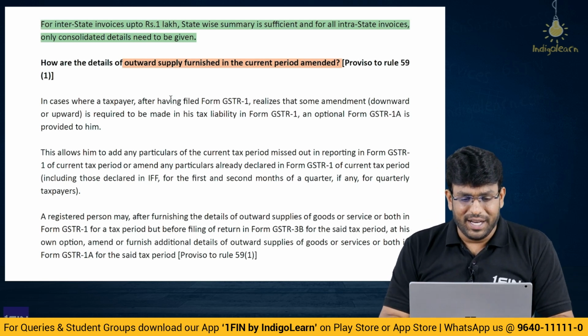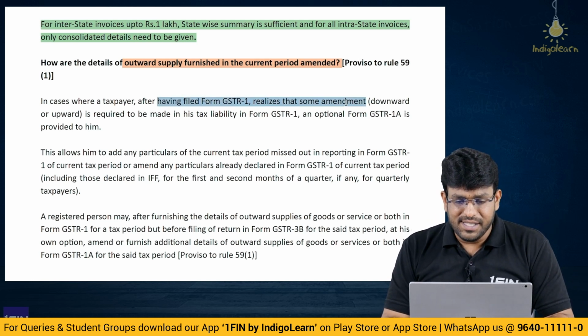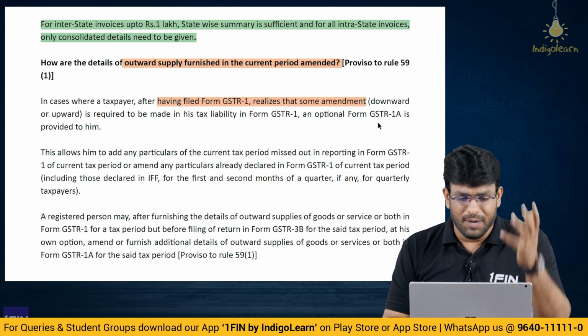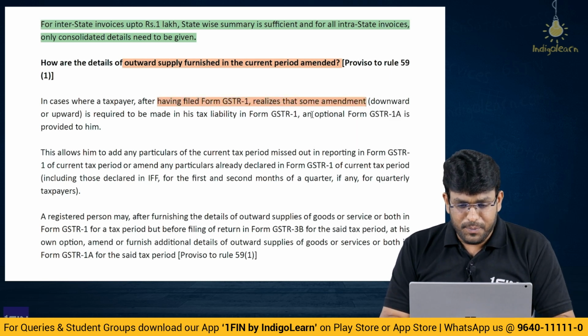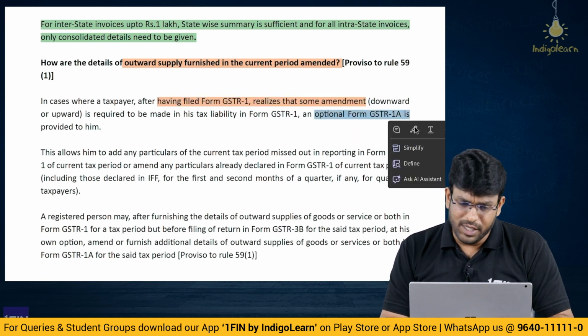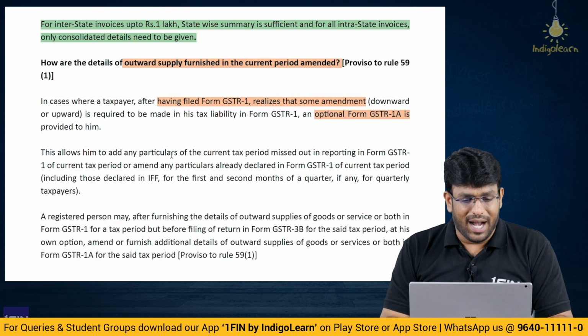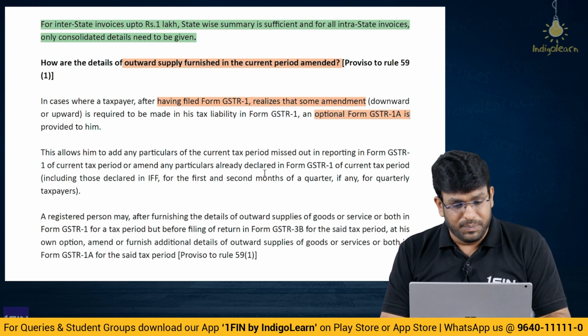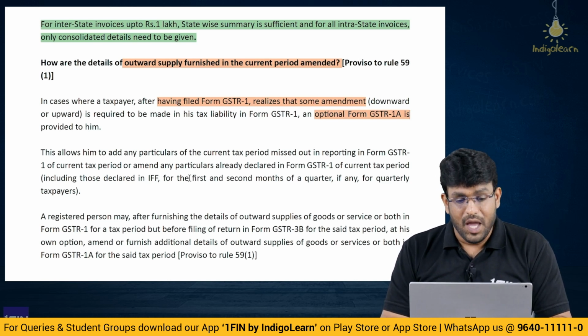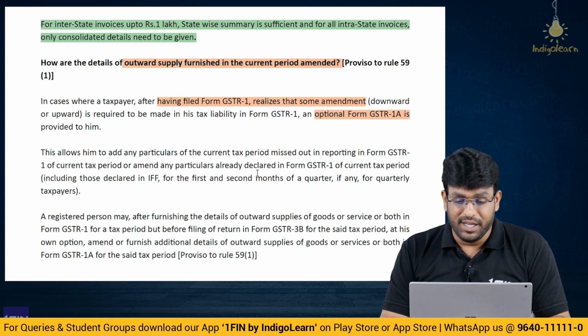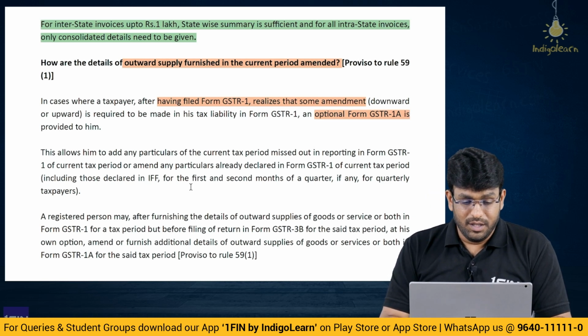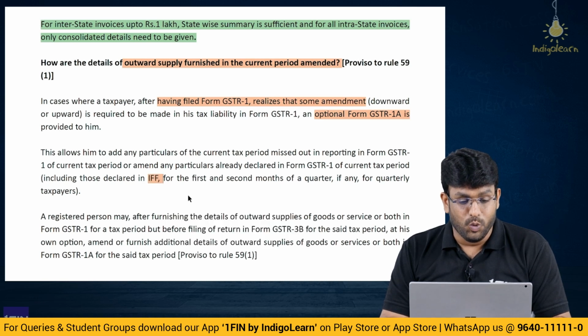In case a taxpayer, after filing GSTR 1, realizes that some amendment, which could be upward or downward, is needed, there is an optional form, GSTR 1A. It's a new concept. This allows him to add any particulars of the current tax period which were missed out in GSTR 1, or amend any particular details in GSTR 1, including those given in IFF, that is the Invoice Furnishing Facility for the QRMP scheme.